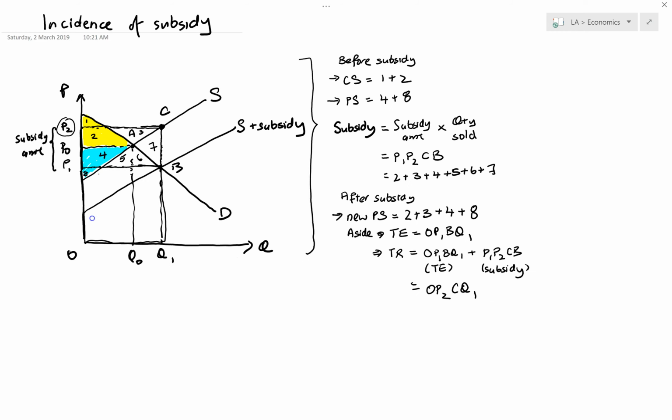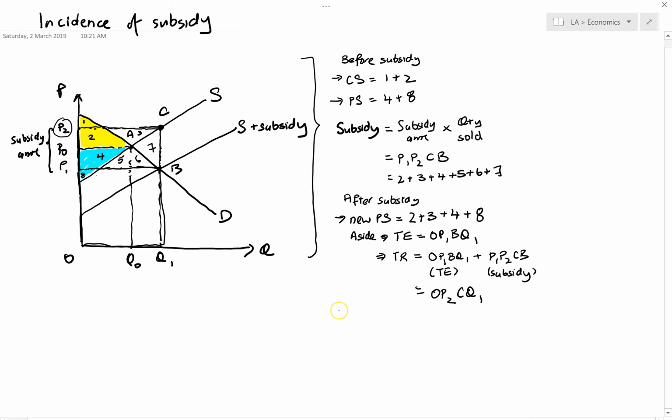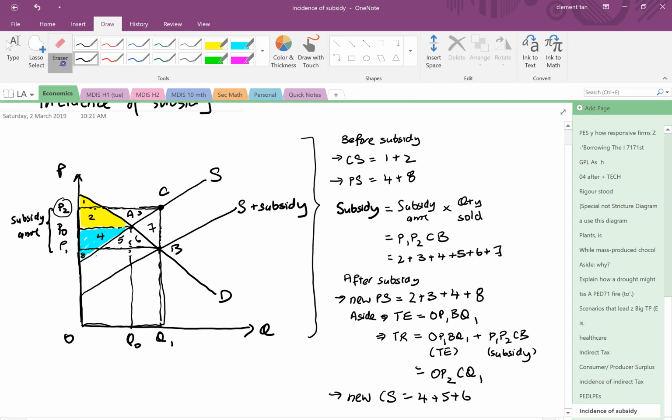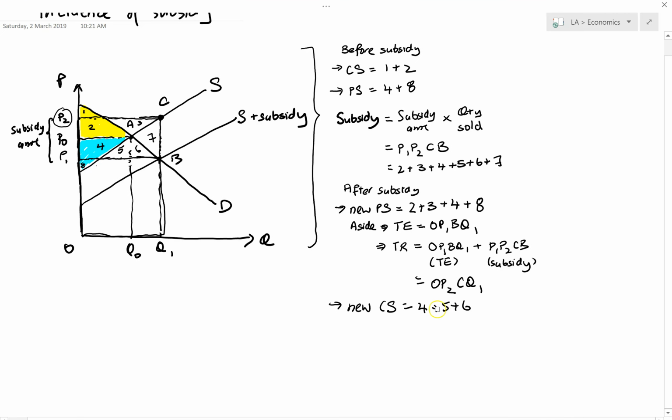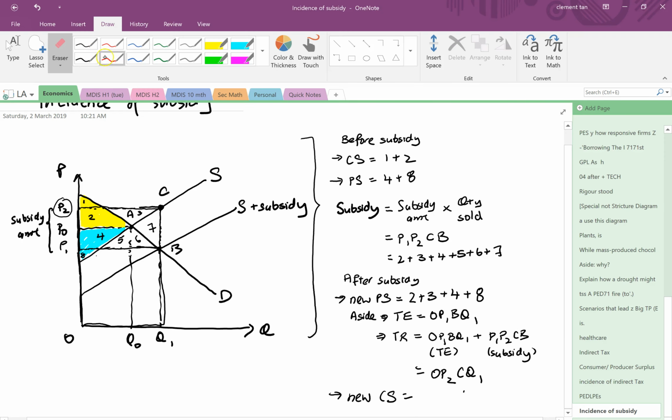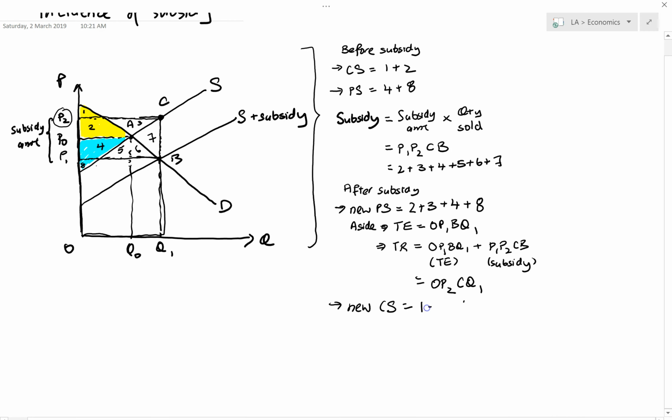Now, what is the new consumer surplus? It's area 4, 5, and 6. Correct? Sorry, it's 1, 2 plus... new consumer surplus is 1 plus 2 plus 4 plus 5 plus 6.